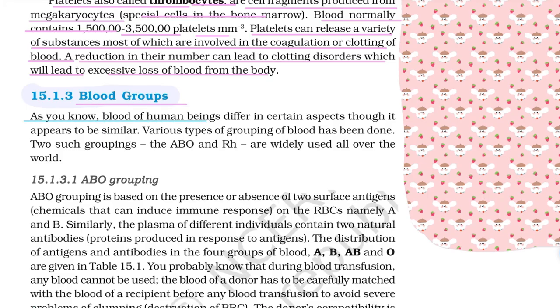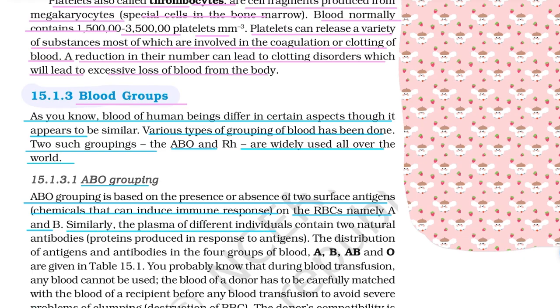As you know, blood of human beings differs in certain aspects, though it appears to be similar. Various types of grouping of blood have been done. Two such groupings, ABO and Rh, are widely used all over the world. ABO grouping is based on the presence or absence of two surface antigens, chemicals that can induce immune response, on the RBCs, namely A and B. Similarly, the plasma of different individuals contains two natural antibodies.